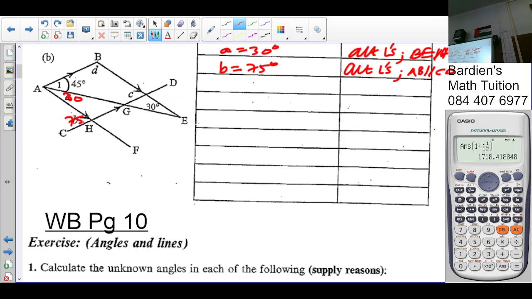No? Right. C. How are you going to calculate C? C. Talk to me.